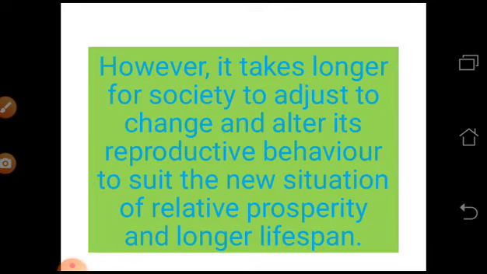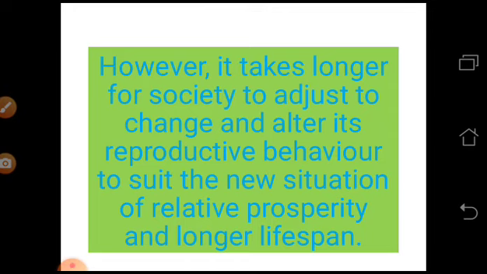However, it takes longer for society to adjust to change and alter its reproductive behavior to suit the new situation of relative prosperity and longer lifespan. Lifespan has already increased here because of advanced medical facilities, but it is very difficult to change reproductive behavior.